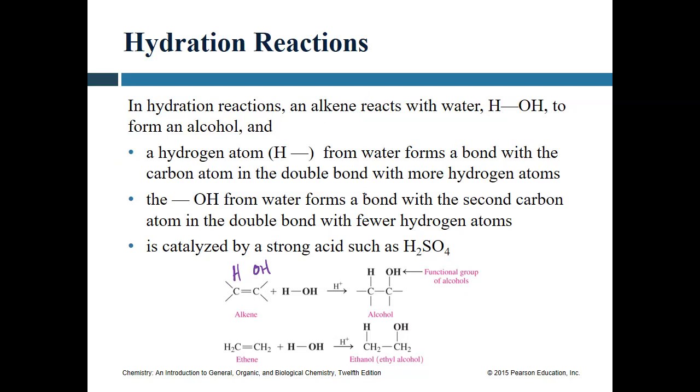Now there is an order to things here. If the two carbons are different from each other, the hydroxyl group, that OH group, is going to go on the more interior carbon, the one that has fewer hydrogens on it.